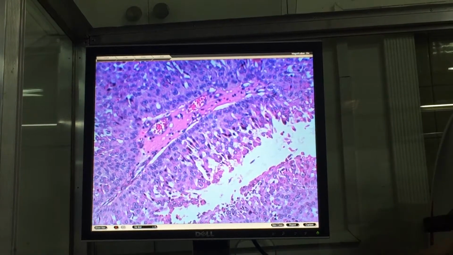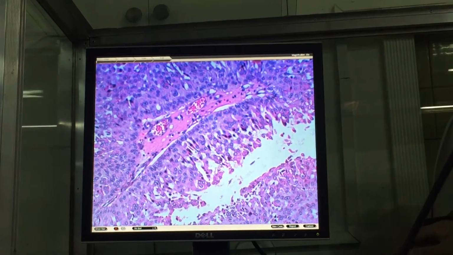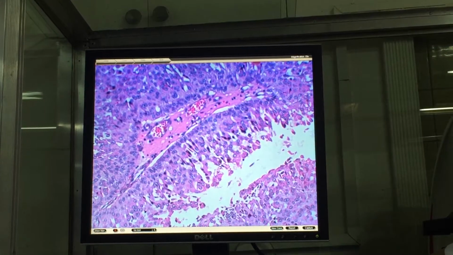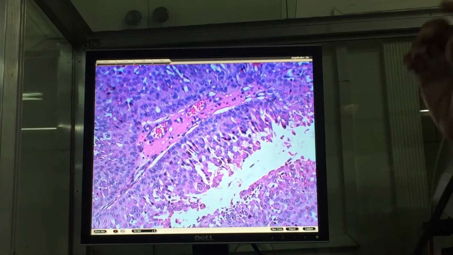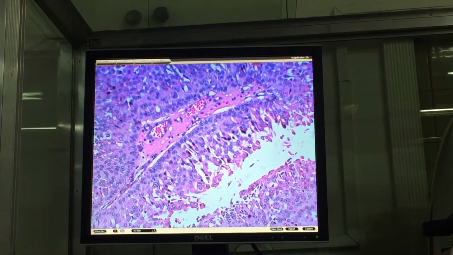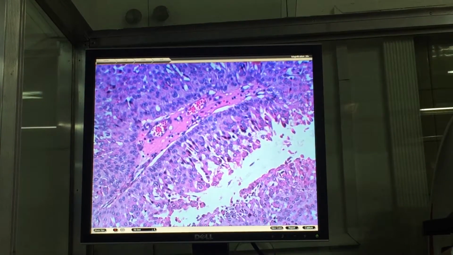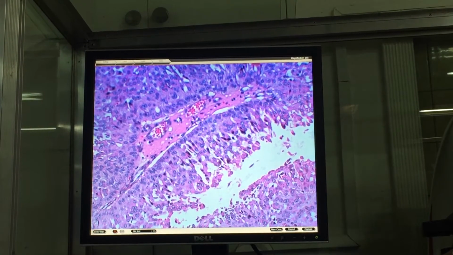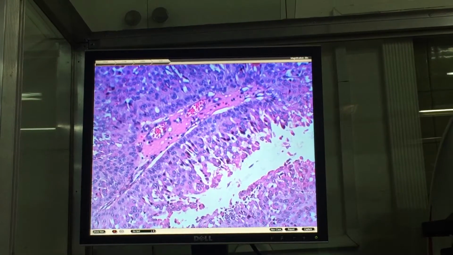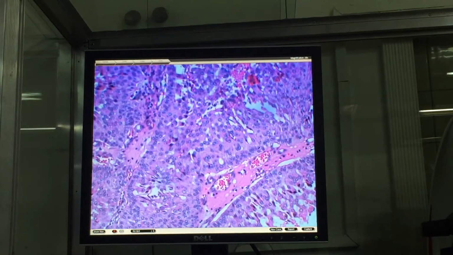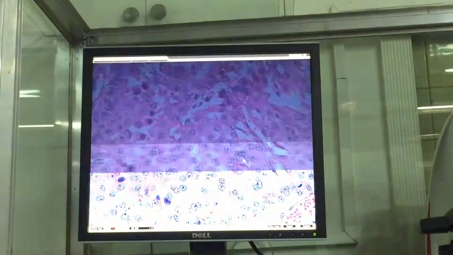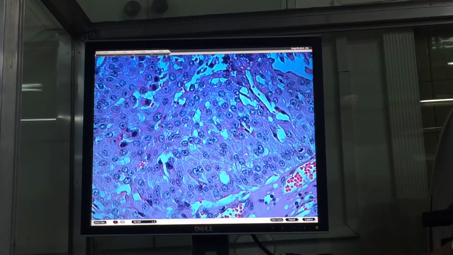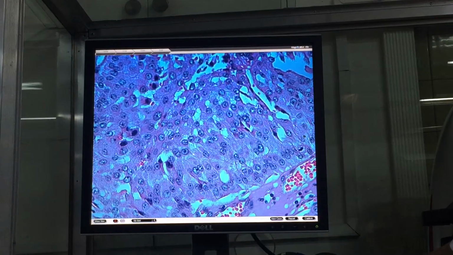Okay. Normally in the normal transitional epithelium, the cells are only about 3 to 5 cells thick. But this one is several cells thick, more than 10, I believe. 1, 2, 3, 4, 5, 6, 7, 8, 9, 10. And at higher magnification, like this one, you'll notice that the cells already show some changes.